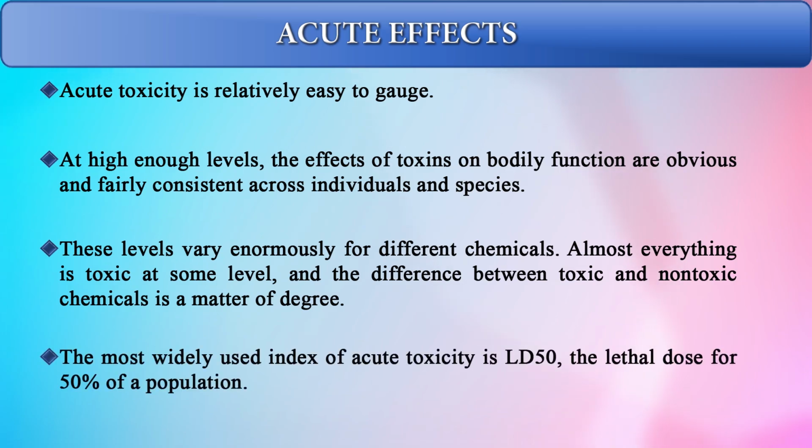The most widely used index of acute toxicity is LD50, lethal dose 50, and the lethal dose 50 is for 50% of our population. I will discuss LD50 in detail. The LD50 is obtained by graphing the number of deaths among a group of experimental animals, usually we take rats, at various levels of exposure to the chemical and interpolating the resulting dose response curve to the dose at which half of the animals die.